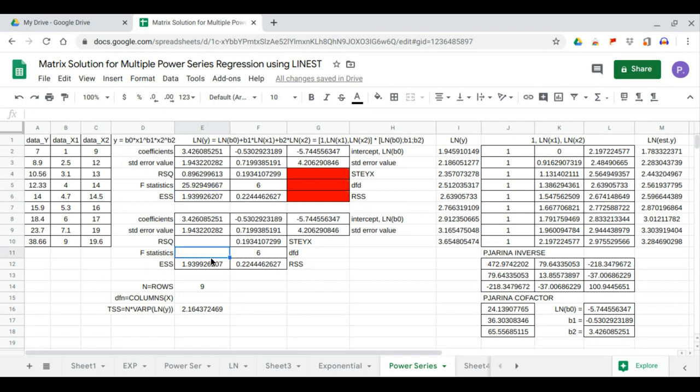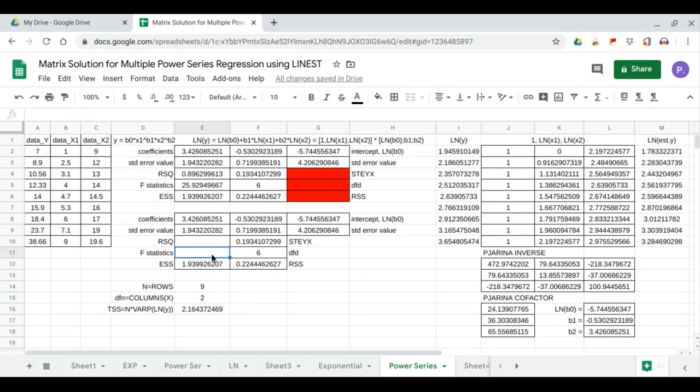And the F statistic, which is equal to regression sum of squares divided by the degrees of freedom of the numerator. But we have to calculate the degrees of freedom of the numerator, which is equal to columns of the x values. So there are two independent variables, two values of x.